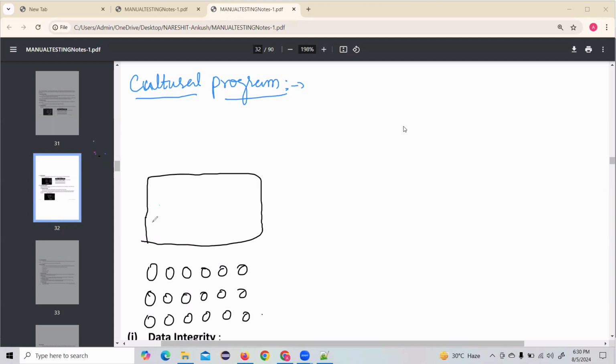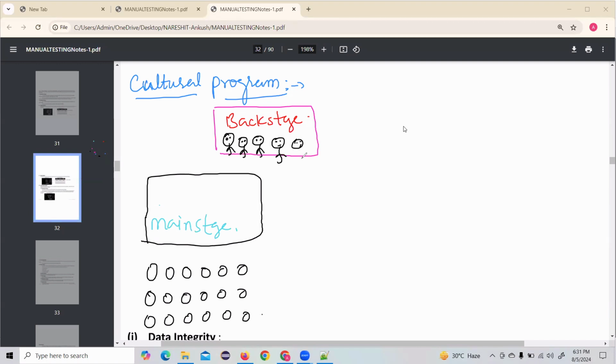This is the main stage. But behind this main stage, we'll be having a makeup theater. You know that? So that is backstage. Earlier, singers, dancers, everyone is where? Makeup studio. Am I right?